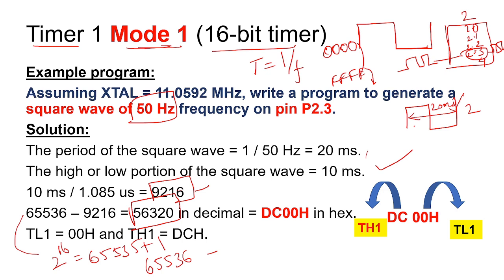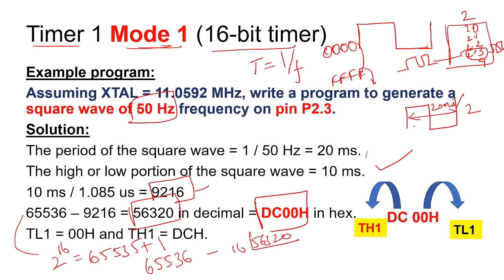If you convert this decimal into hexadecimal, you just divide 56320 by 16. You will get the value DC00H.